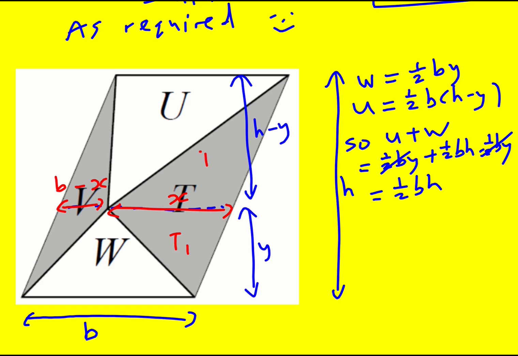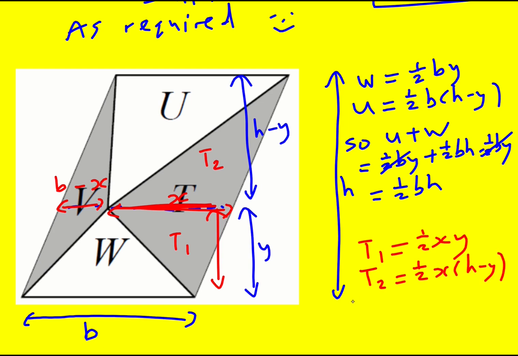I'm going to call this one T1 and this one T2. So T1, right now I've labeled this X, is going to be a half times X times Y. That's okay, isn't it? Because this is the base, and then I've got the heights here. And then T2 is going to be a half times X times H minus Y. So T will equal a half XY plus a half XH minus a half XY.